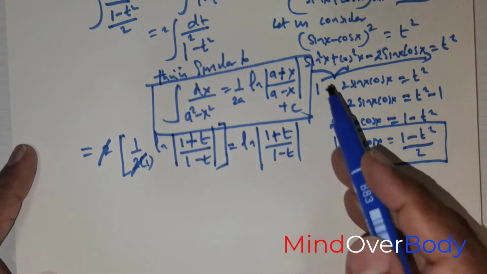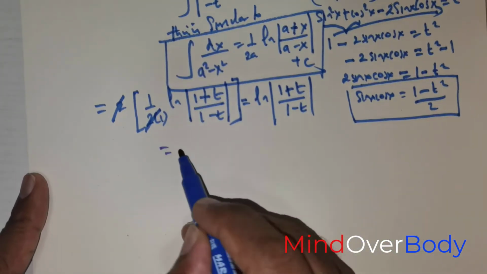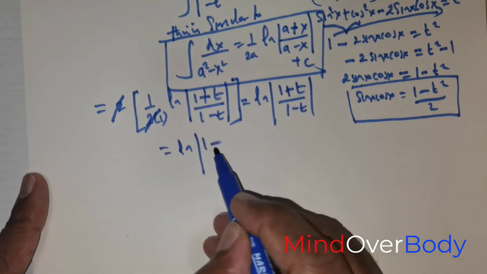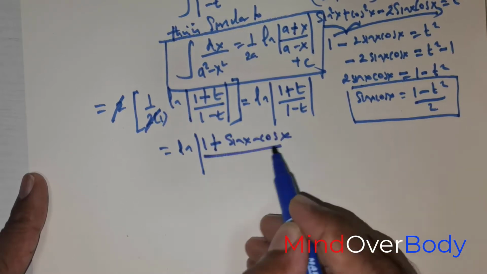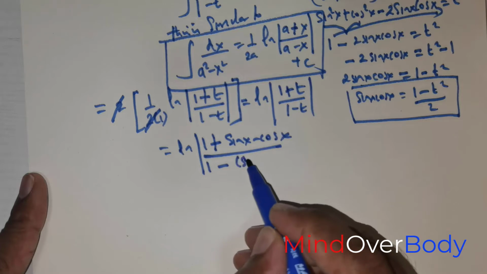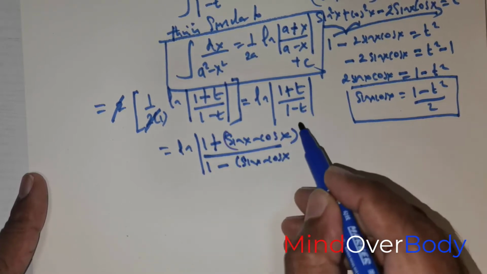Now my t is sin x − cos x. So this is going to be ln modulus of (1 + sin x − cos x) divided by (1 − (sin x − cos x)).